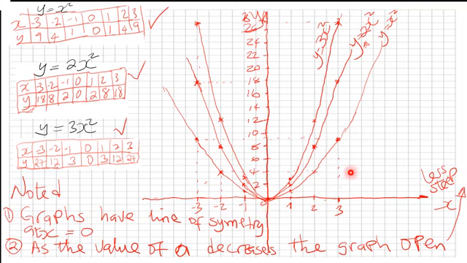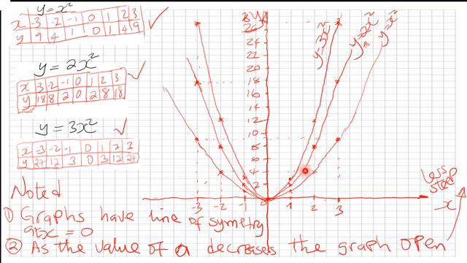And as you can see, because it's opening up, the steepness of your graph is reducing slowly by slowly. Okay, so basically, with this lesson, this is what we wanted to note. The constant a in a quadratic function, how does it affect your graph?